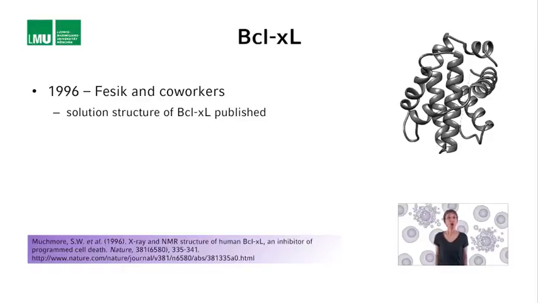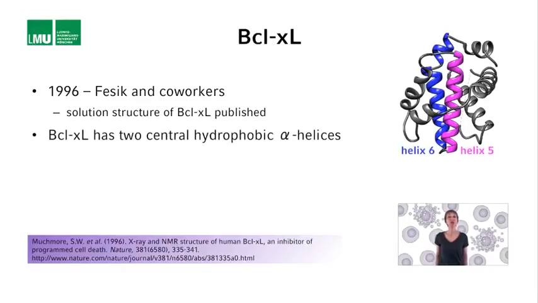What Fesik and co-workers found is that BCL-XL consists of two central hydrophobic alpha helices, helices 5 and 6, which are surrounded by amphipathic alpha helices, helices that possess both lipophilic as well as hydrophilic properties.